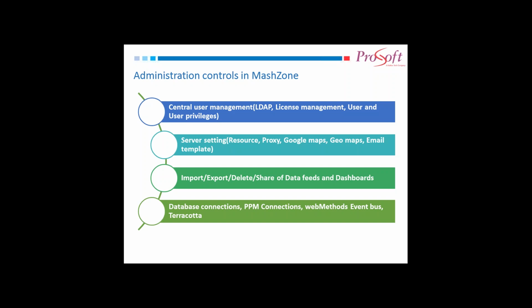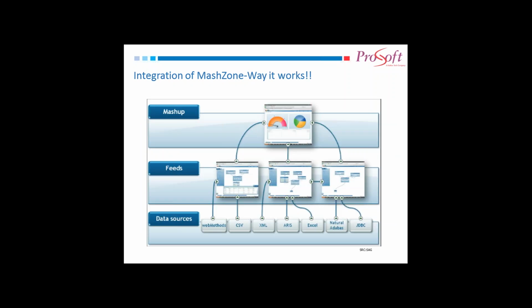How does Mashzone work? In this slide, you will see an overall view to integrate the applications with Mashzone and develop the mashups. Integrate data from all kinds of sources inside or outside your company, such as CSV files, XML files, Excel files. You can get the data from ARIS Business Server or webMethods Optimize.